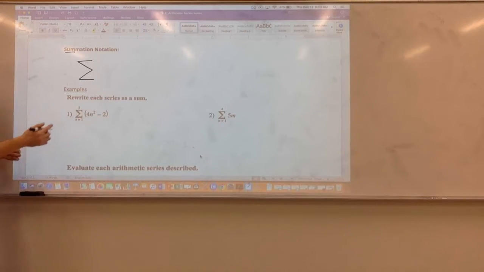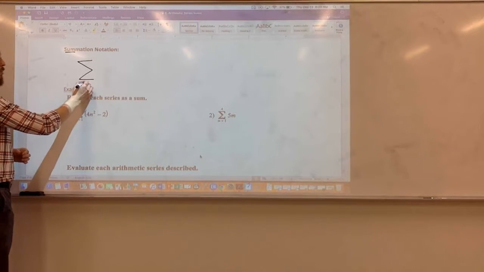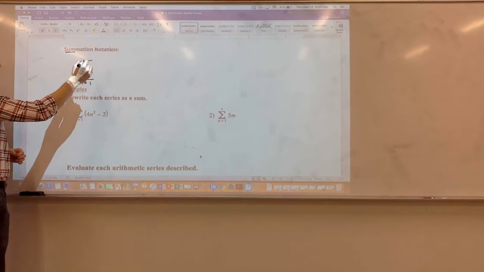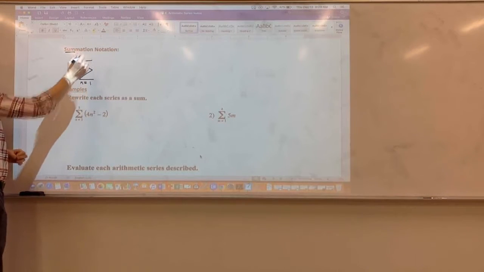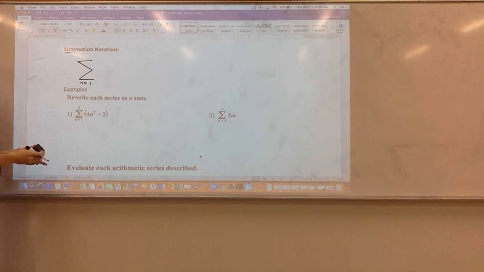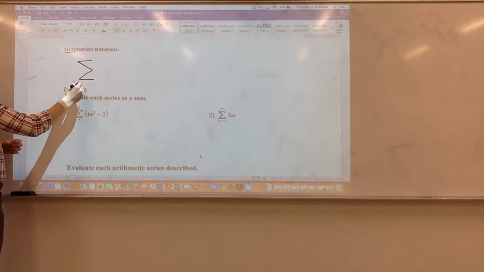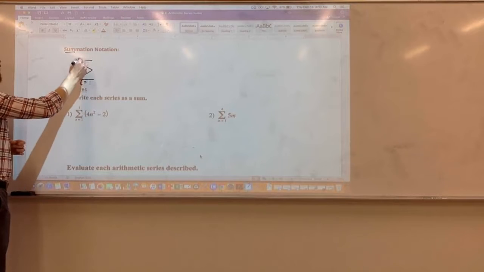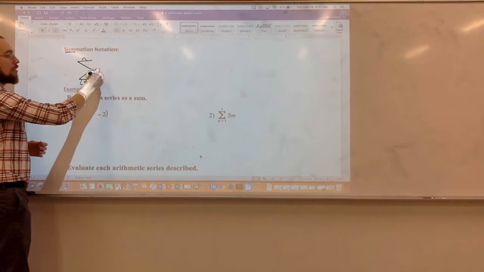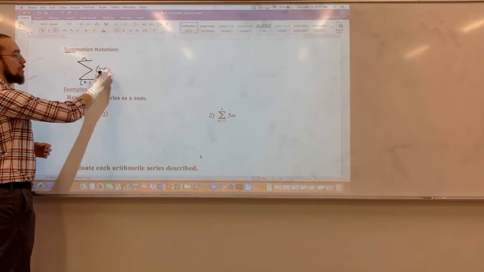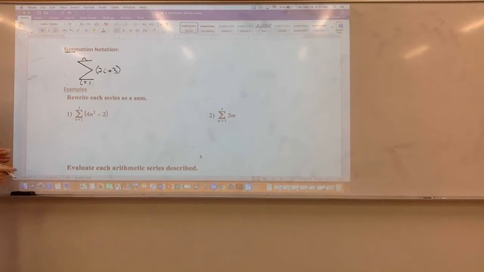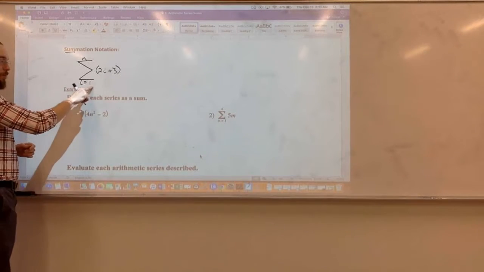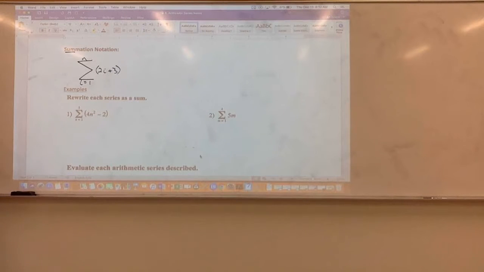Alright, so generally we write it like this. This is just a generic example. Whatever's down here, and most of the time we'll look at just 1, is the number that we start with.